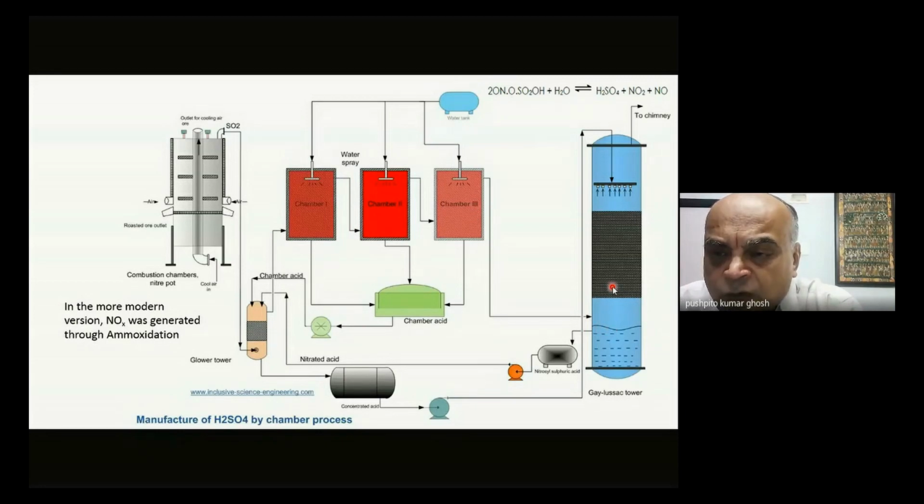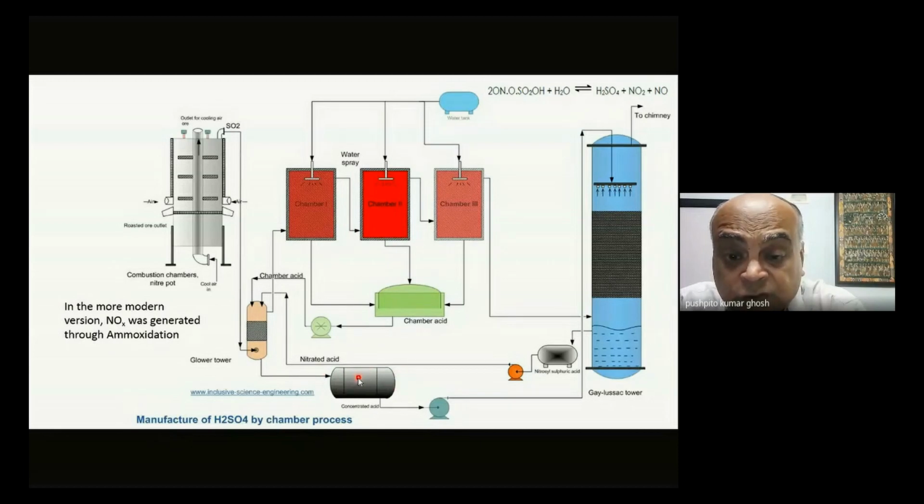When it comes out, you are not just letting it escape into the atmosphere. Now this acid has become concentrated, partly because of the tower acid and partly because of the chamber acid. So both of them together increase the strength of the sulfuric acid.